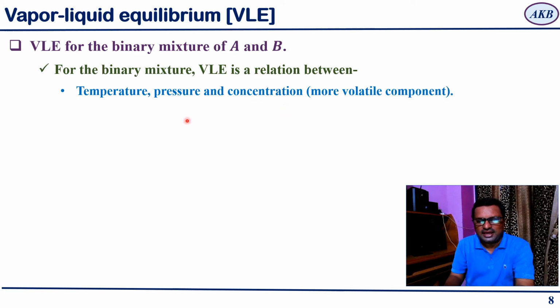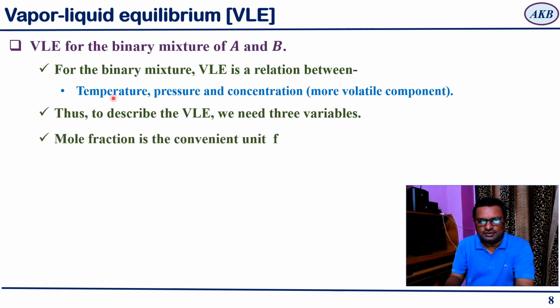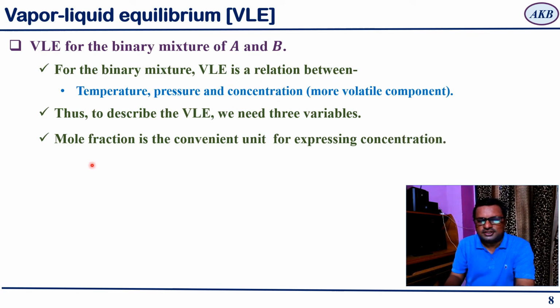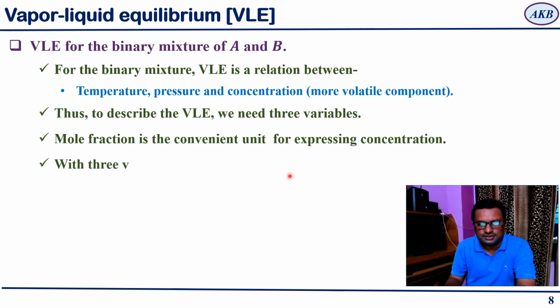So we have to represent the relationship between three parameters: temperature, pressure and concentration. Thus, to describe VLE, we need three variables, which we have already noted: temperature, pressure and concentration. For concentration, mole fraction is the convenient unit, and we are going to use it.